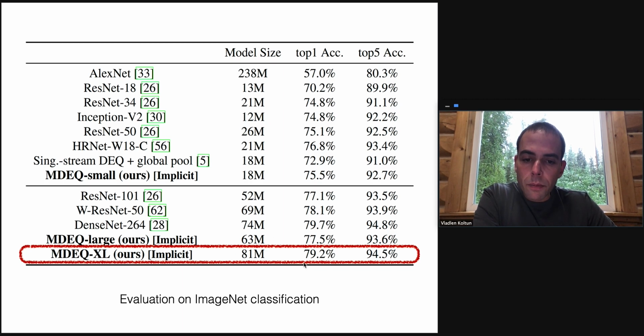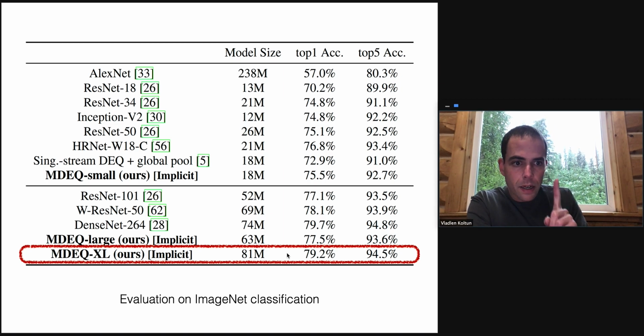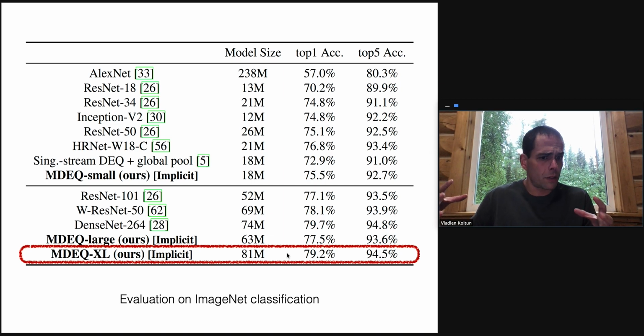Let's look now at the bottom part of this table, where we see the performance of a big Mdeck. Setting aside capacity considerations, this big Mdeck is still a single layer model, just a thicker one.